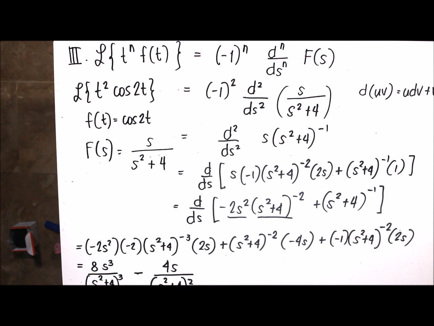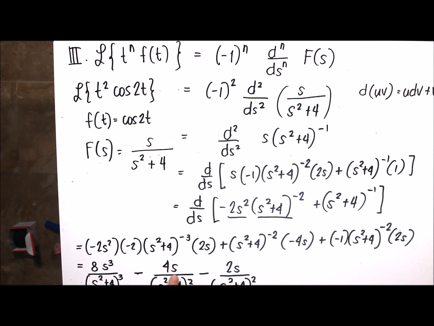raised to positive 2 squared. Negative 1 times 2s. So, negative 2s minus 2s over s squared plus 4 quantity squared. So, since these are like terms, same denominator, pwede natin pagsamahin to.